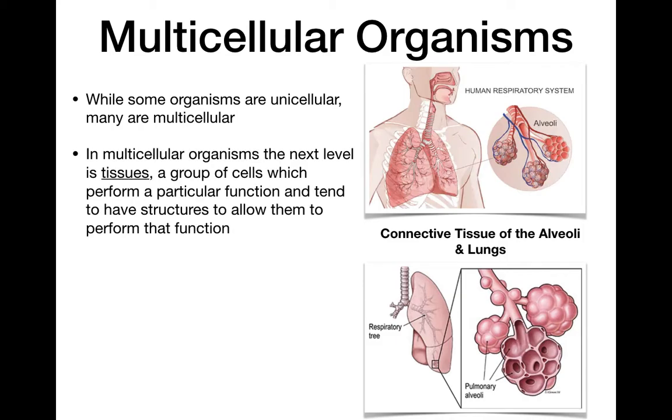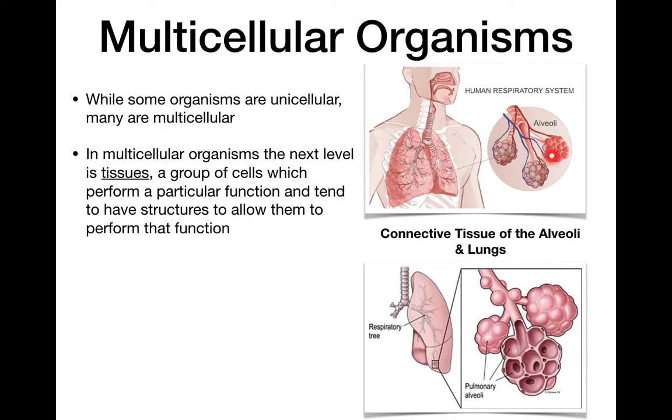We are multicellular. So in a multicellular organism, the next level from a cell is tissues. A tissue is a group of cells, and those cells work together for a certain function, and they have structures that let them perform that function. We're looking at an example of the respiratory system in humans.